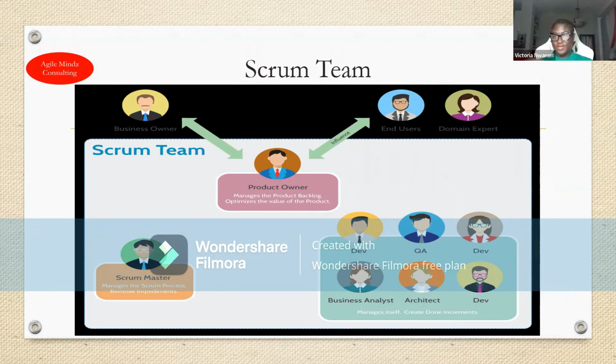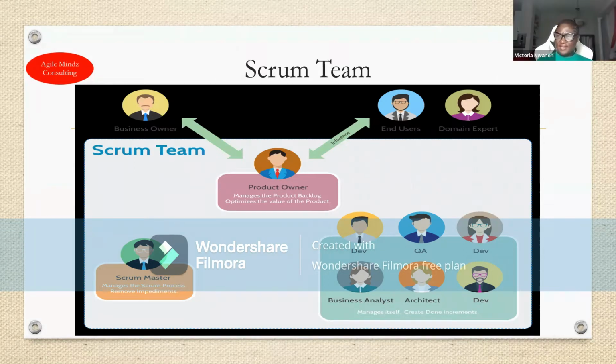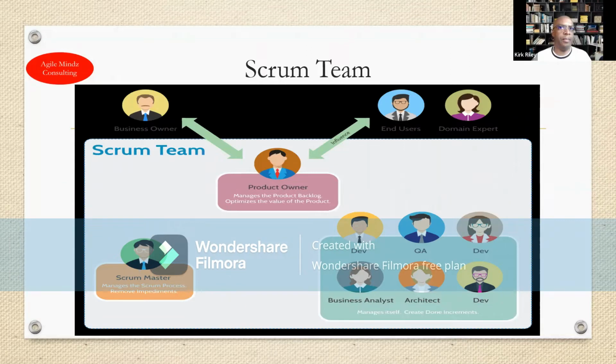Or the developers. I think even in this new Scrum guide, it calls everyone, is it developers or development team? I thought that was the old Scrum guide. I'm not sure if it changed to the developers.